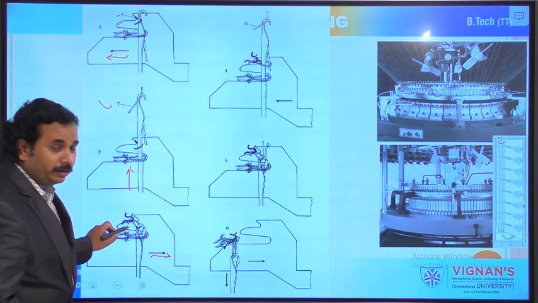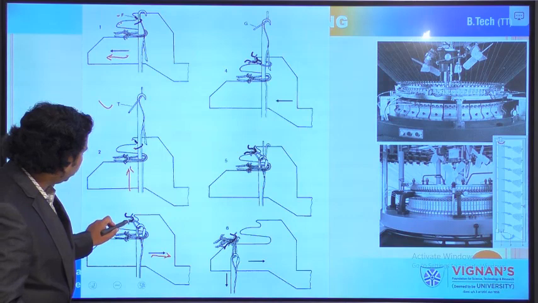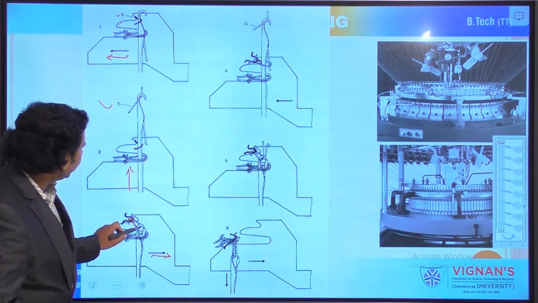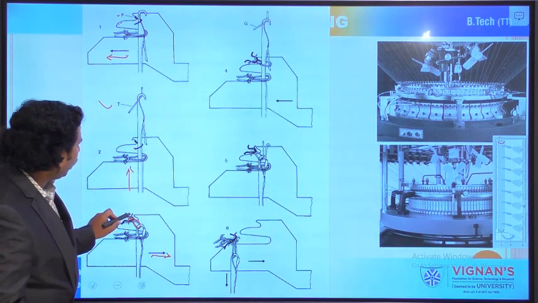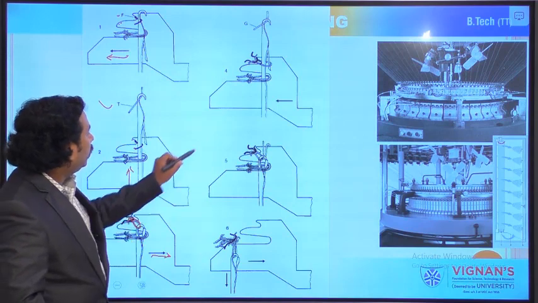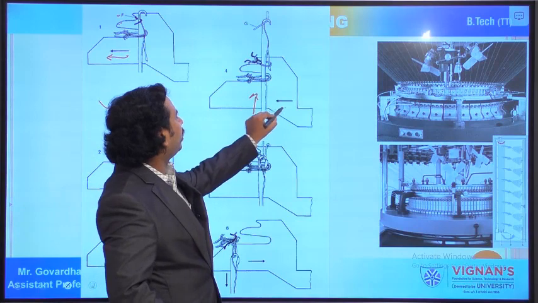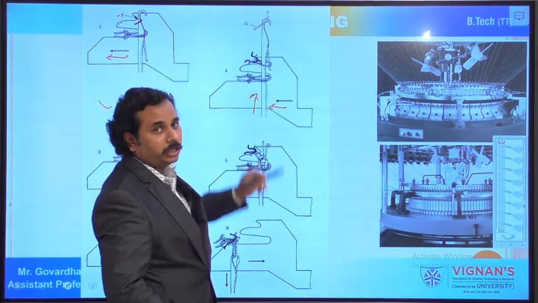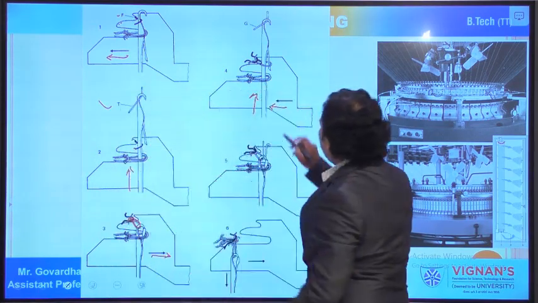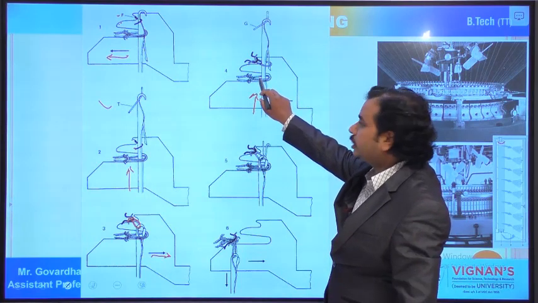Then we are going to form the loop of the tie-in yarn. After loop formation, we again raise the needle and move the sinker forward, so that the sinker holds the previous course.